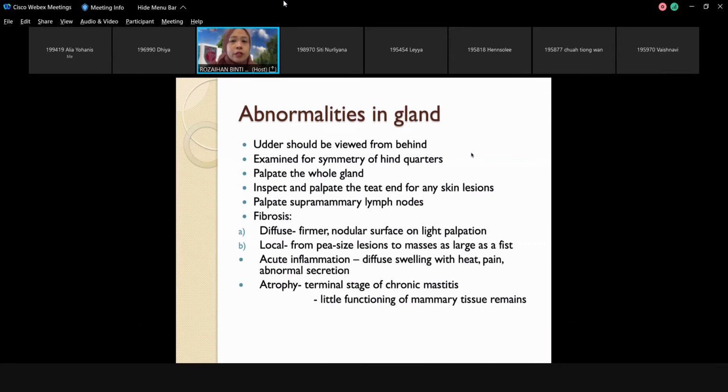Symmetry is very important. Then palpate the whole gland, inspect, and also palpate the teat, and don't forget the supramammary lymph nodes. The supramammary lymph nodes are located at the caudal part of the mammary gland. Later on in the practical, I'll show you how. So don't forget to palpate that.